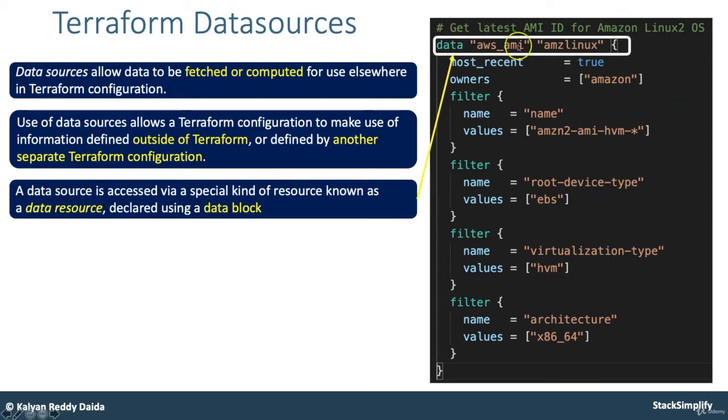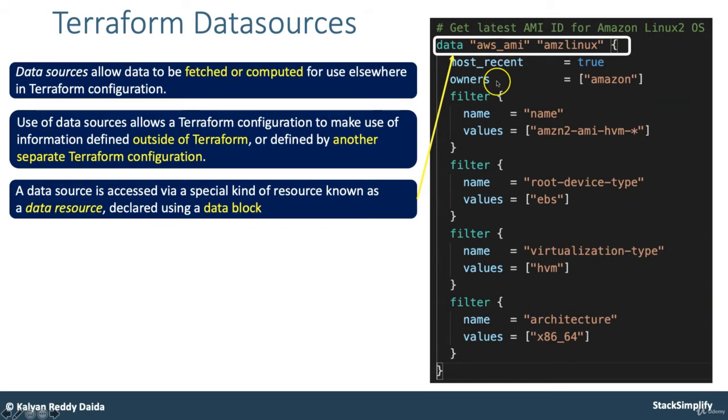Whatever you have created, this whole thing is a data resource, or you can call it a data block, and this is going to call aws_ami. This is the data source it is going to call, and for this respective data resource, the local name is going to be amzlinux, whatever we have defined.